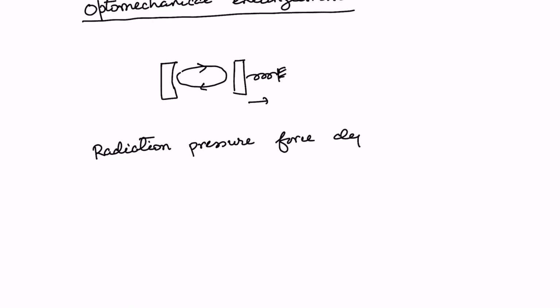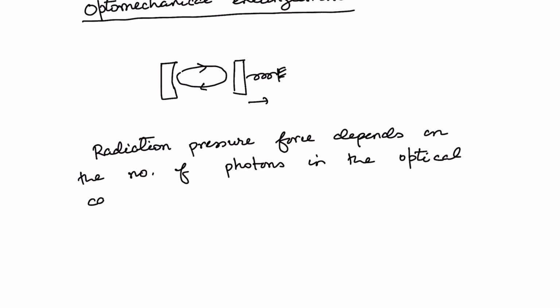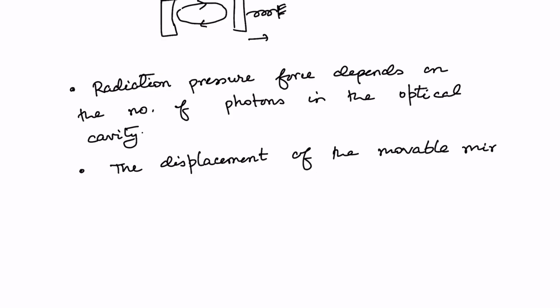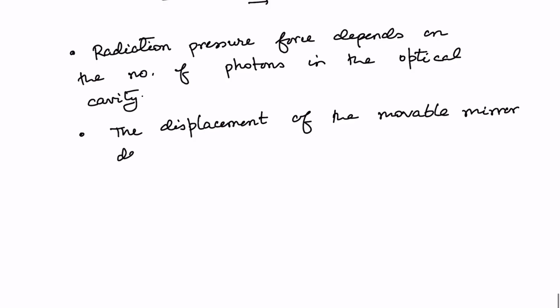Radiation pressure force depends on the number of photons in the optical cavity, and also the displacement of the movable mirror depends on the strength of the radiation pressure force, right?